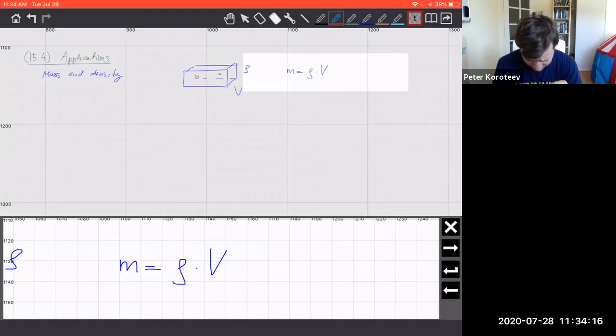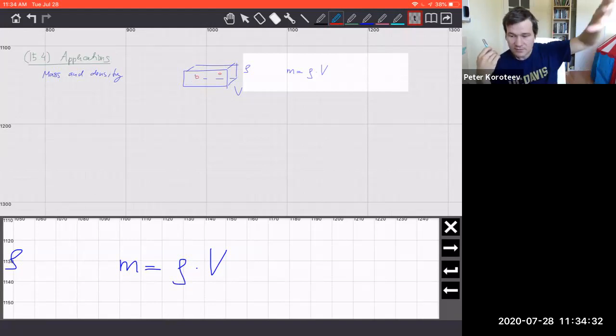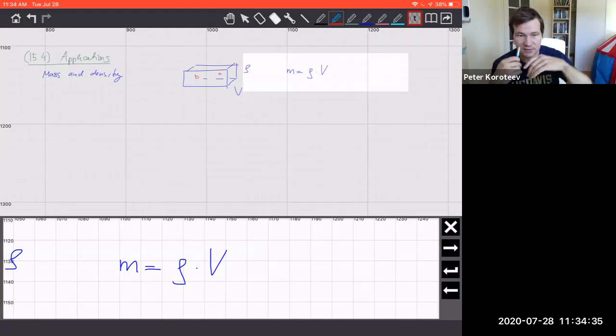If you go above 11 or 12,000 feet, stars do not twinkle anymore, because the air is too thin. So there's some distribution of density of air as you rise up in the atmosphere.